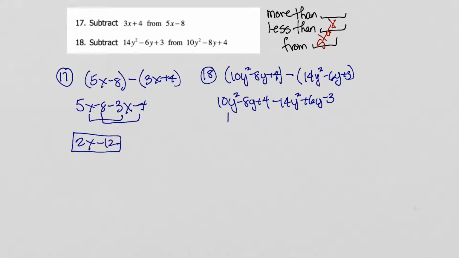Y squareds, we got 10 of them. Then we lose 14. So 10 minus 14 gives us negative 4y squared. What about the y's? I'm down 8, and then I get 6. So minus 8 plus 6 is minus 2y. And constants, we got a 4 minus 3. That's a 1.